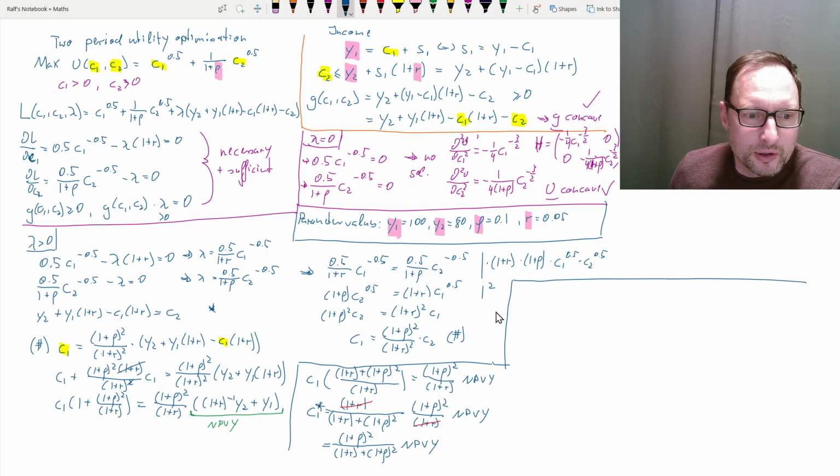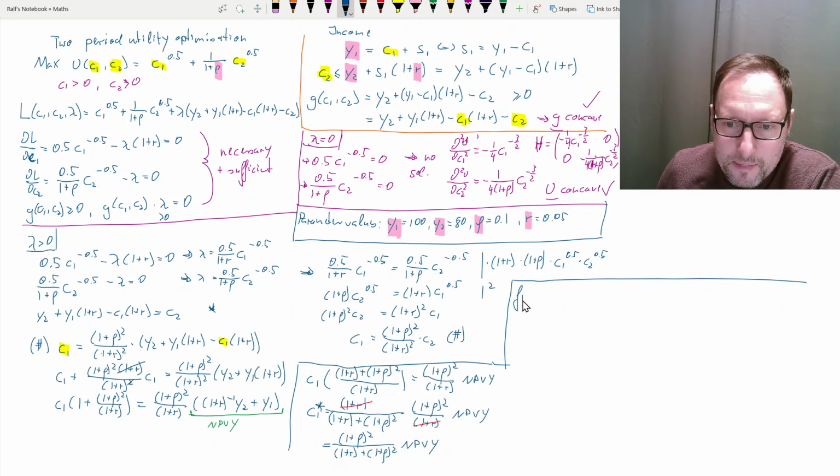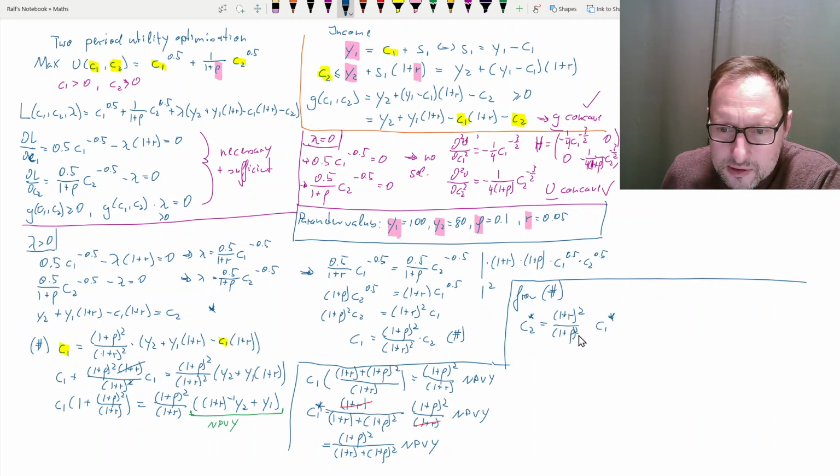We'll continue over here. Now we want the optimal C2. Once we know the optimal C1, we can get the optimal C2. From the hash equation, we can solve for C2. We know that the optimal C2, if we use the optimal C1, is (1+r)² over (1+ρ)².